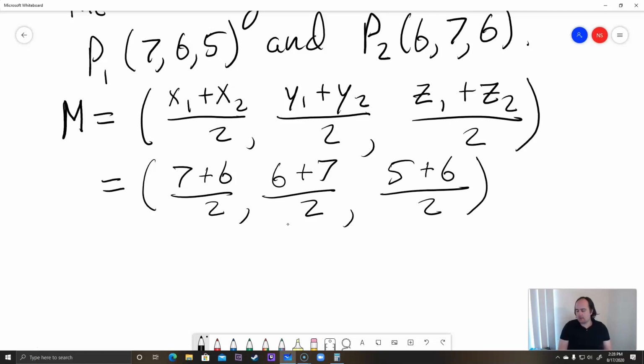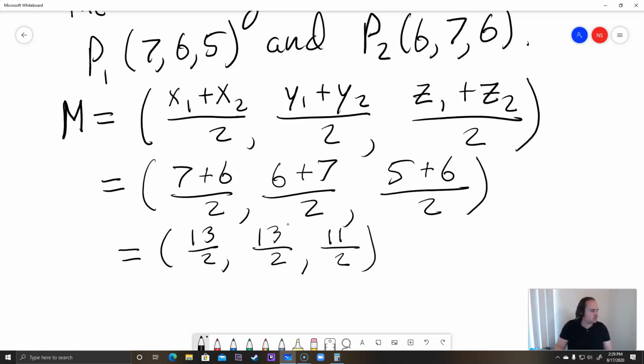Alright, and then either with a calculator or by hand, this is not so bad. 7 plus 6 is going to be 13. So we have 13 halves, comma 6 plus 7 is also 13, so 13 halves, comma 5 plus 6 is 11, so that gives us 11 halves. Okay?